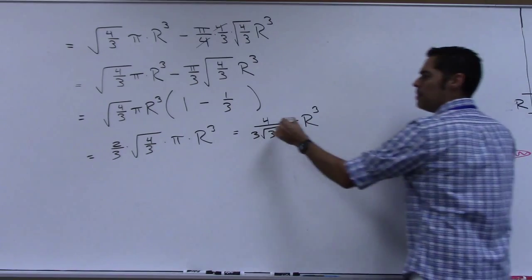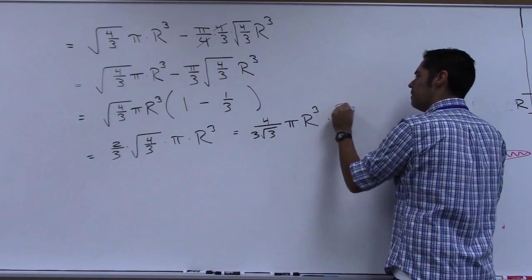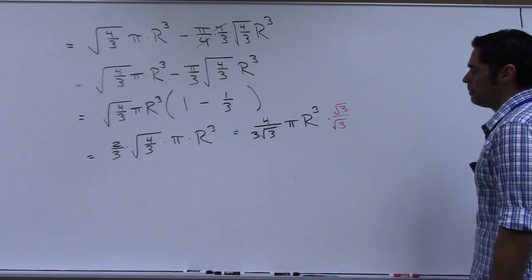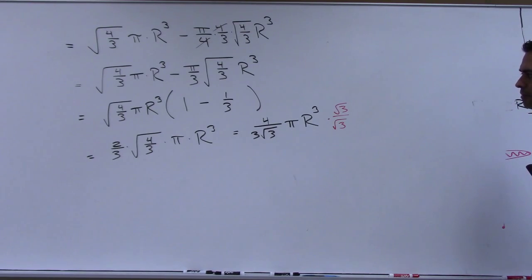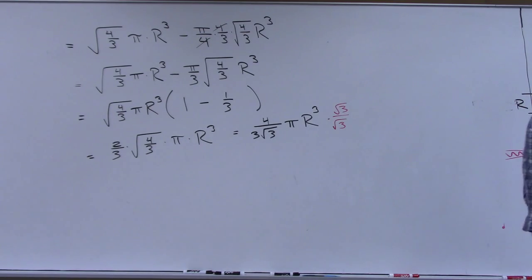I can multiply the top and bottom here by root 3. I don't have to do this, but, right? I don't have to. I'm wondering what the back of the book will have. 23, 4.5.